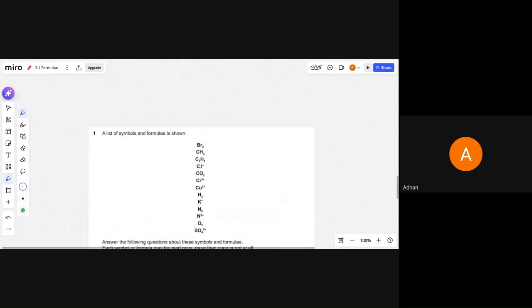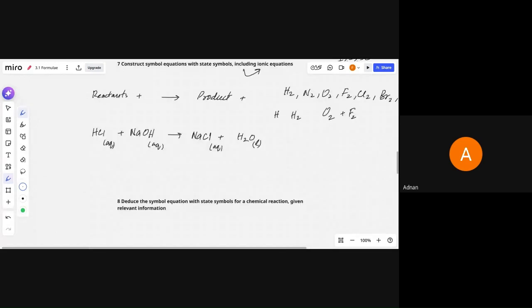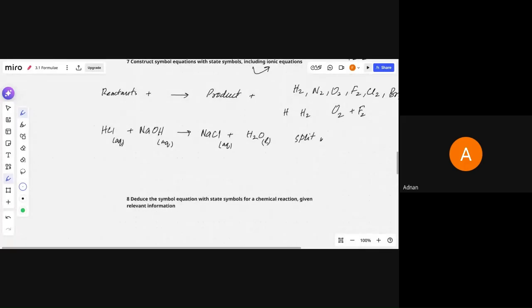Now, how do you write an ionic equation? Remember that you split the reactants and products into ions, and then we cancel out the ions that appear on both sides of the arrow.